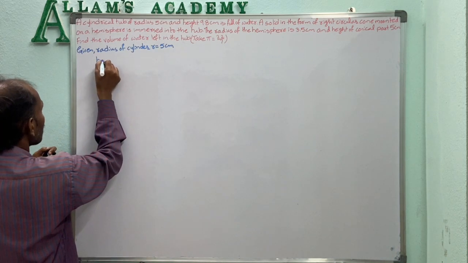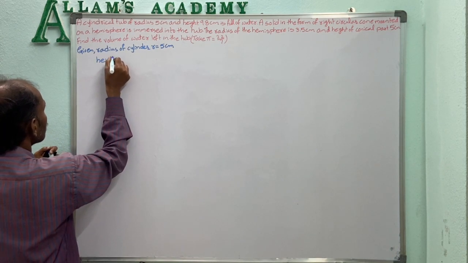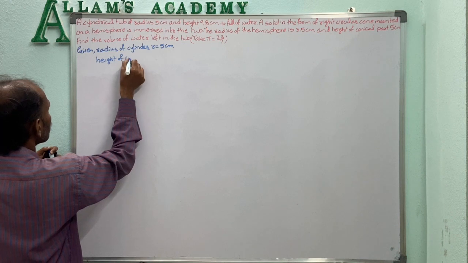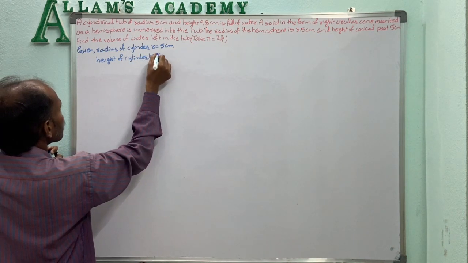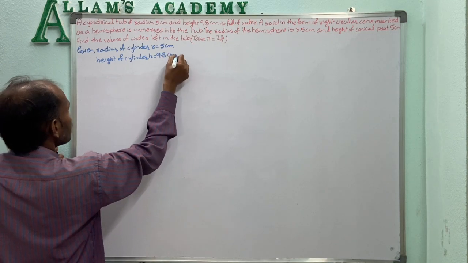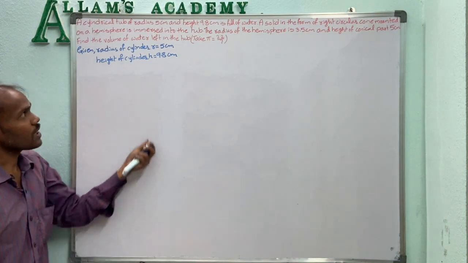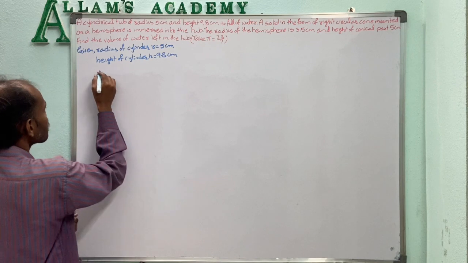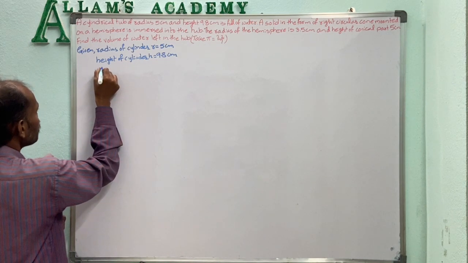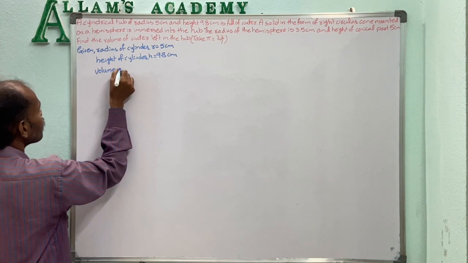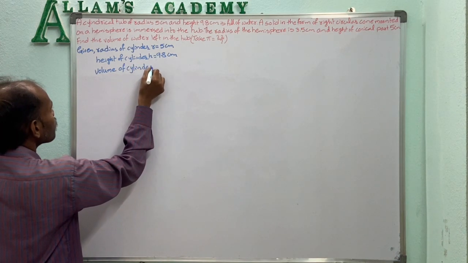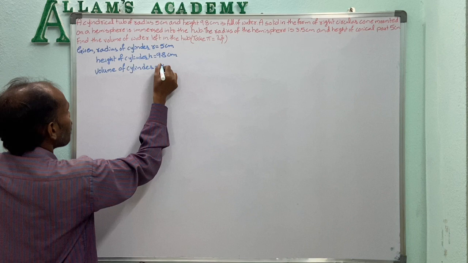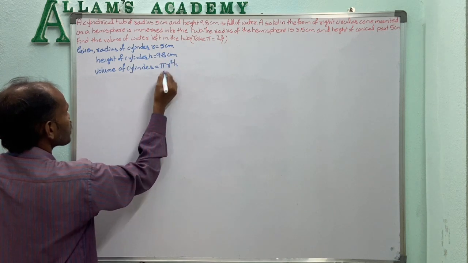Height of cylinder 9.8 centimeters. Now finding the volume of cylinder. So volume of cylinder equal to pi r squared h.